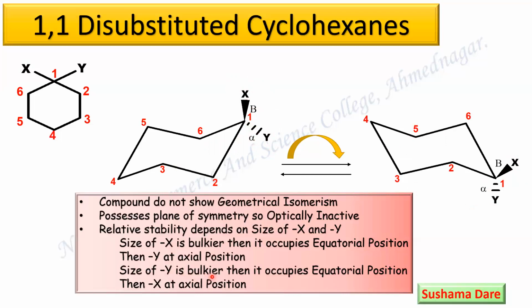So if the size of Y is bulkier, it occupies the equatorial position and X is at the axial position. This structure exists if Y is bulky, and the other structure exists if X is bulky. So always remember, a bulky group always occupies the less hindered equatorial position.